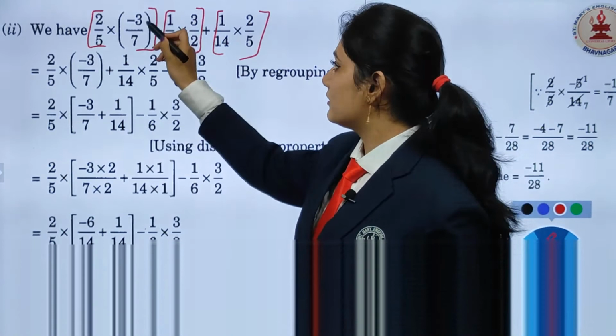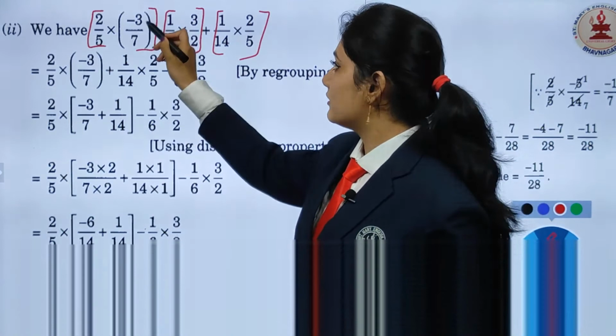Now 14 is already there on the right hand side. Here it is not there with the 7, so you will make 7 as 14. 7 twos are 14, so you will multiply 2 in the denominator and in the numerator also. So 7 multiplied with 2 and minus 3 multiplied with 2. All the other numbers you will keep as they are.